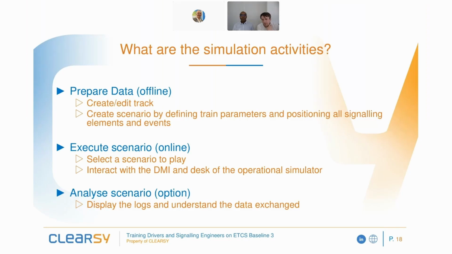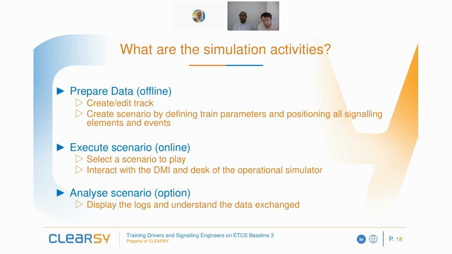Let us summarize what the simulation activities are. First of all, you have to prepare the data, and this is done during the offline procedure. So the first step is to create, to edit a track. Second step is to create scenarios or use cases by defining train parameters and positioning all signaling elements and events.